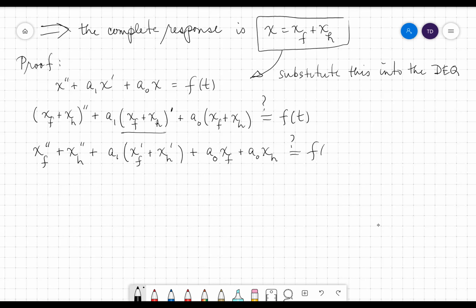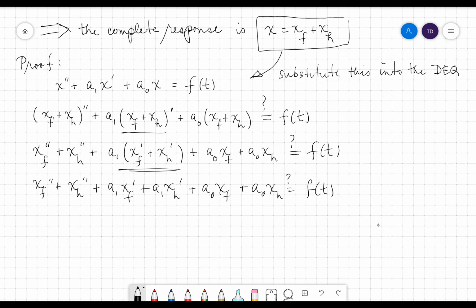Is that equal to f(t)? I'm just going to expand and multiply through here. That's easy to do. Plus a1 xF' + a1 xH' + a0 xF + a0 xH = f(t).